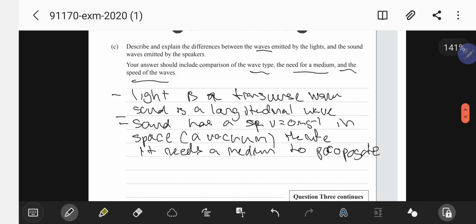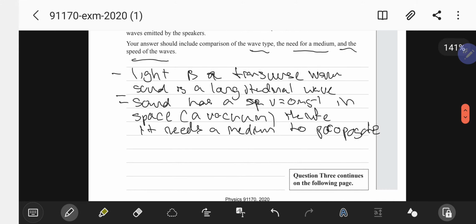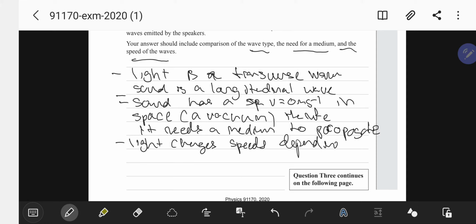And light changes speeds depending on the medium. It changes speed and direction too, I believe.